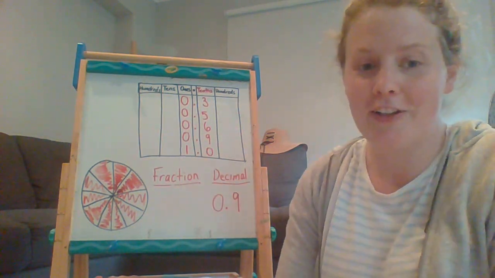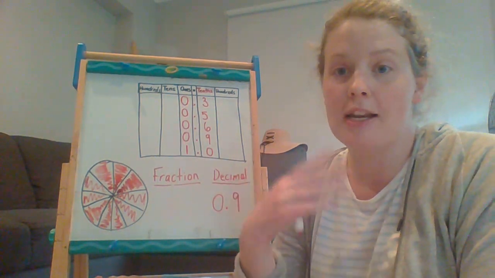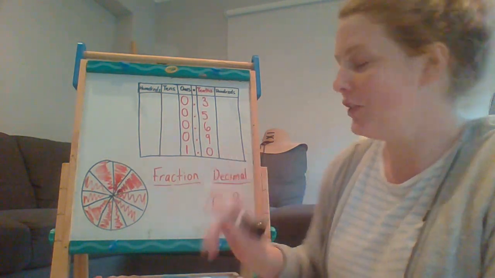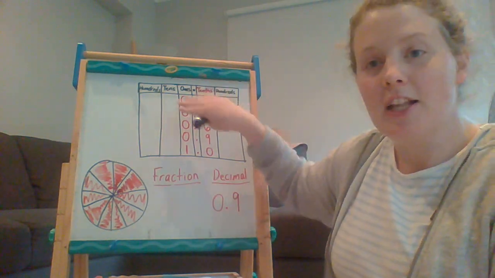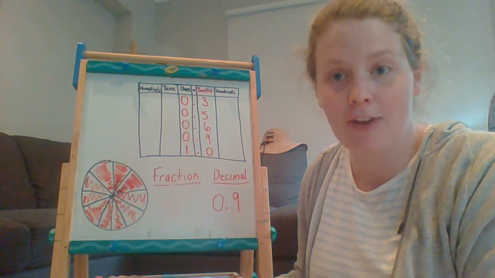Okay, now we're going to start reading this. I want to show you how we usually read these decimals. So yes, this is 9/10. When we're reading them out with the decimal place, this is how we usually read them.